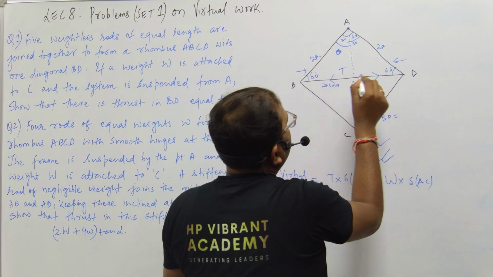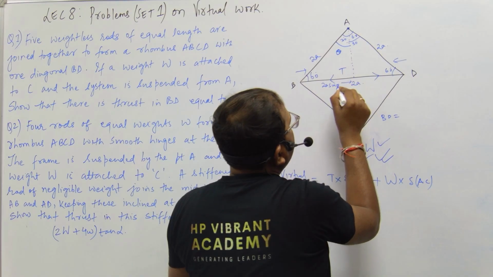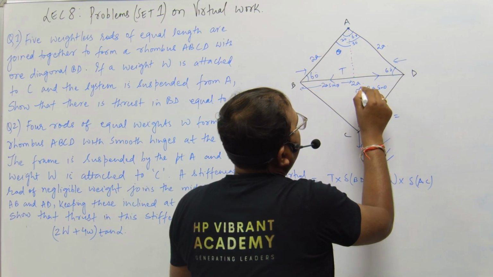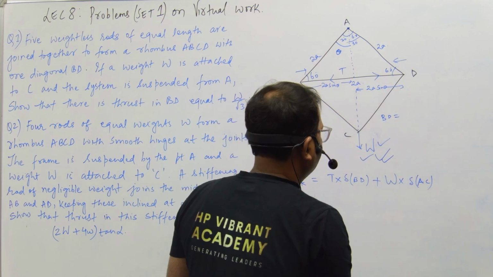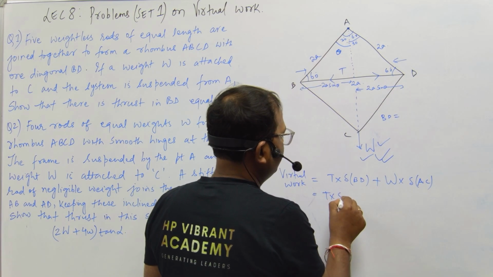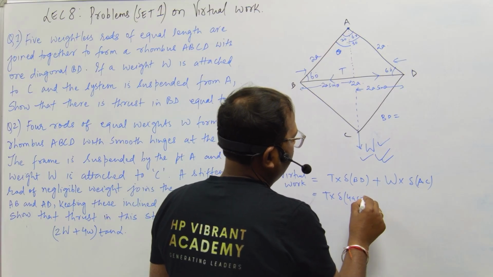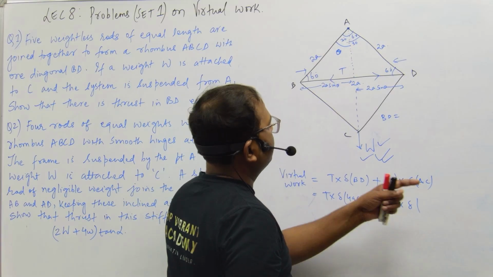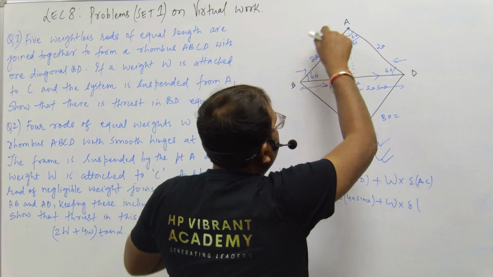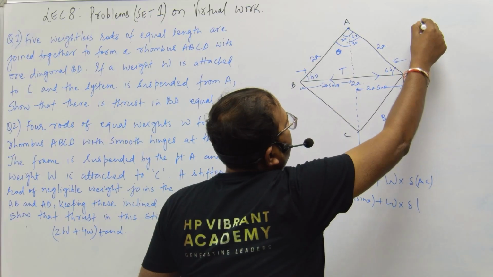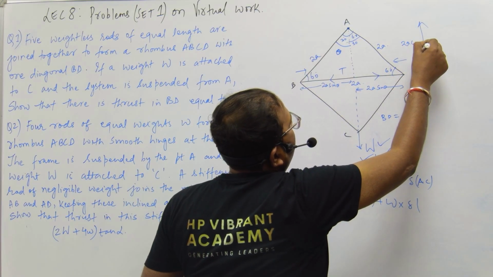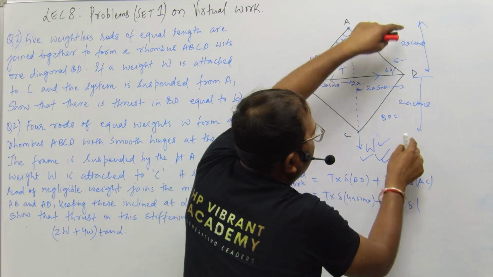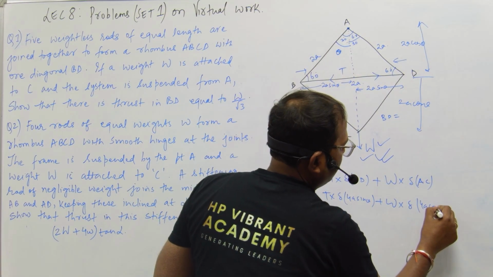Similarly this distance is 2a sin theta, so BD will be 4a sin theta. Tension times change in 4a sin theta plus capital W into change in AC. AC will be 2a cos theta plus 2a cos theta, so the whole distance is 4a cos theta.